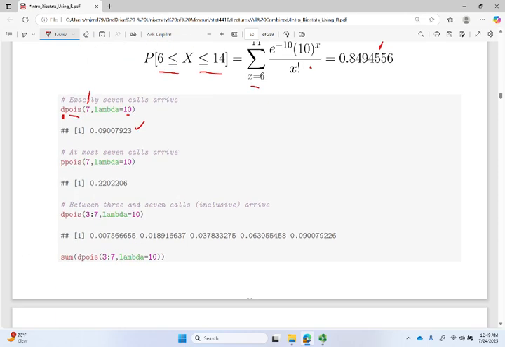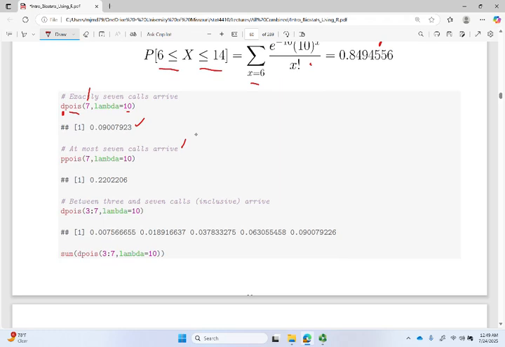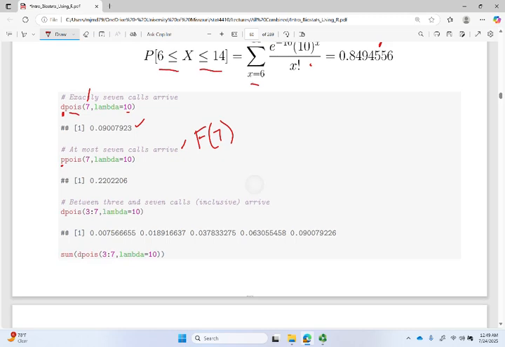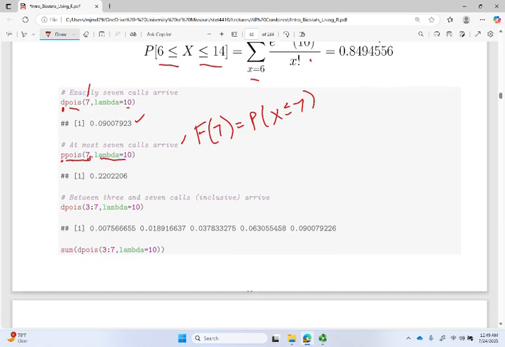Now, at most 7 calls, so that's the CDF of 7. That's the cumulative probability of a Poisson at value 7, the probability that x is less than or equal to 7. That's what this is telling us. It's Poisson, so we need the value of the lambda parameter.